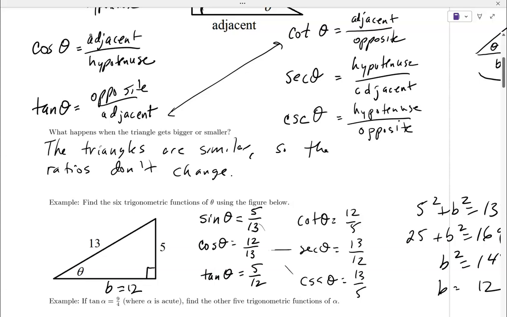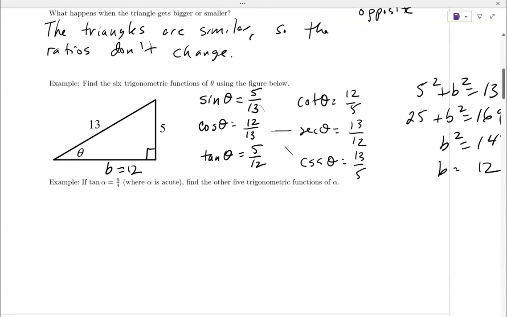And that's true in general. See if you can work on the second one there, and then we'll chat about it, where it's asking you to construct a triangle and then figure out what the other 5 trig functions of alpha are. I used an alpha there instead of a theta.